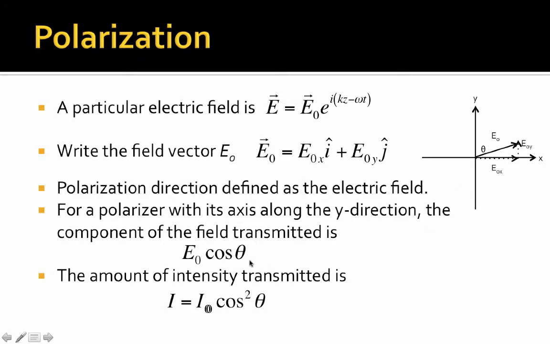And I did that because we can also explain that the amount of intensity that would be transmitted through a particular polarizer with its polarization axis along the y direction, the amount of intensity transmitted would go as I naught cosine squared theta. This is review if you've seen this information before. If you haven't, don't worry right now about dealing with intensity and the cosine squared theta term.